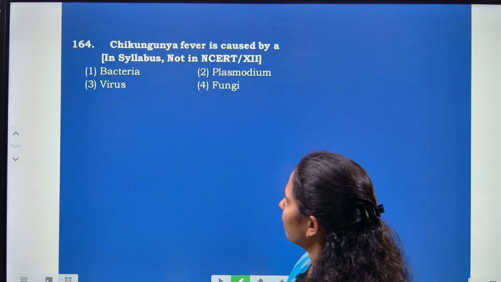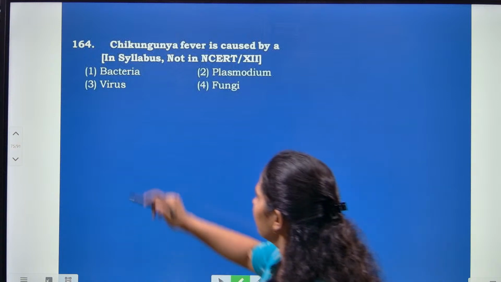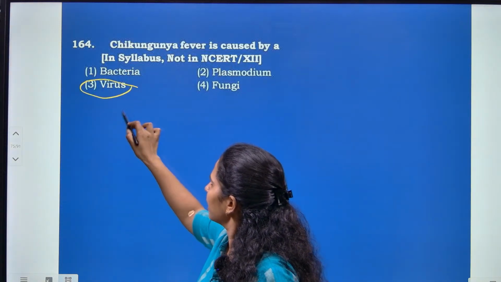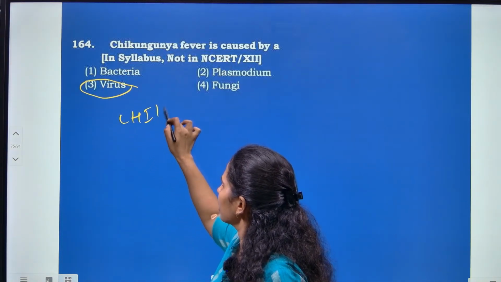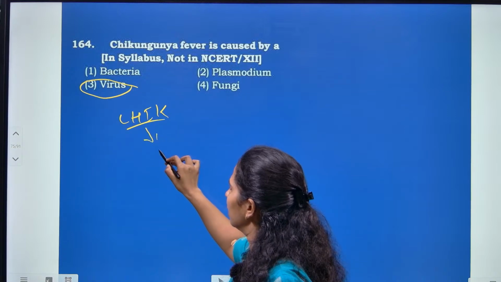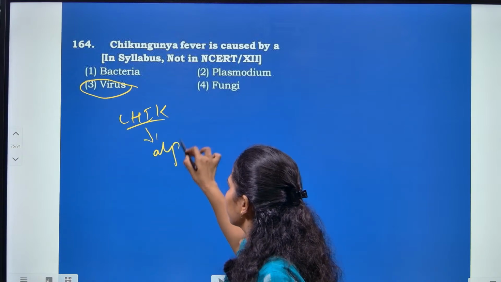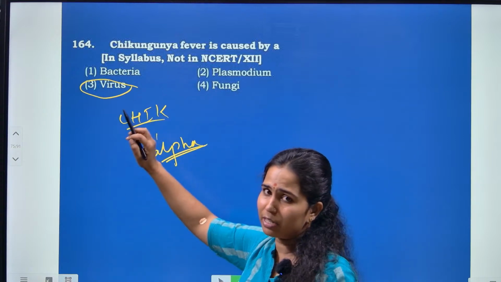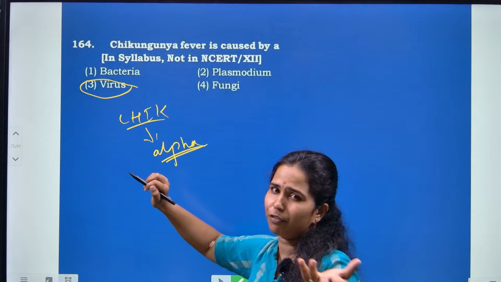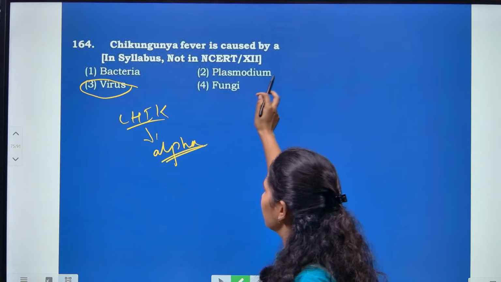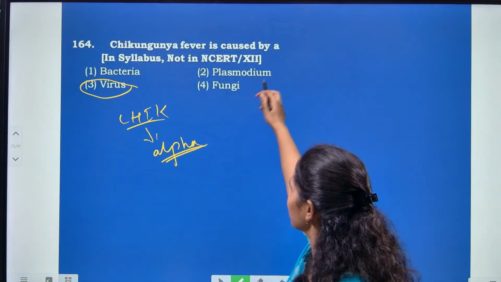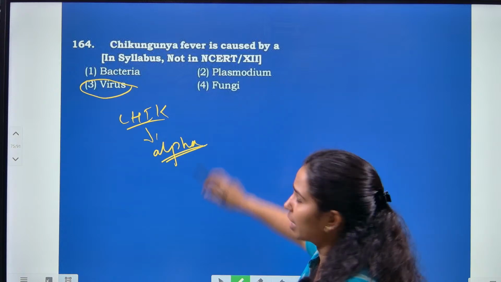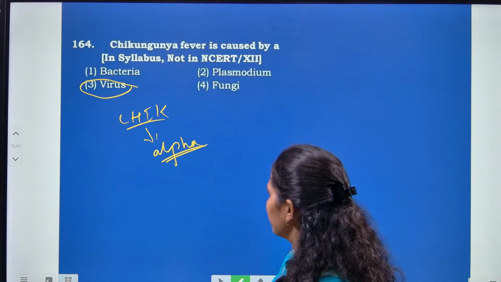It is not caused by bacteria, plasmodium or fungi, but it is caused by a virus, and that virus is called chik virus, which belongs to the genus alphavirus. Bacteria you have already studied: bacteria cause typhoid, pneumonia. Plasmodium causes malaria by Plasmodium vivax. Fungi cause ringworm disease, and so on.